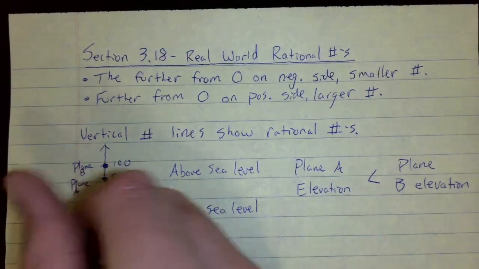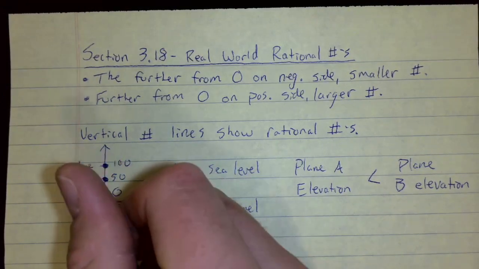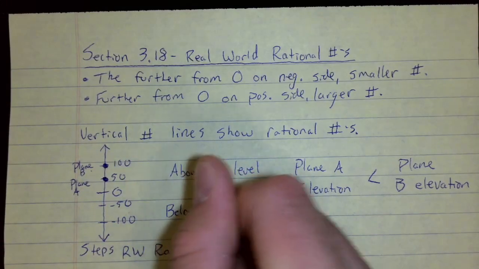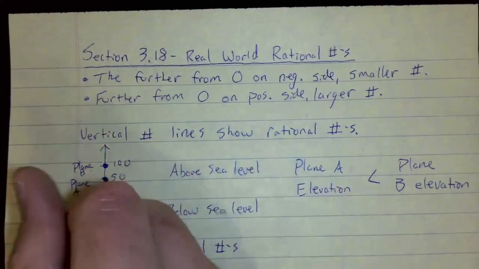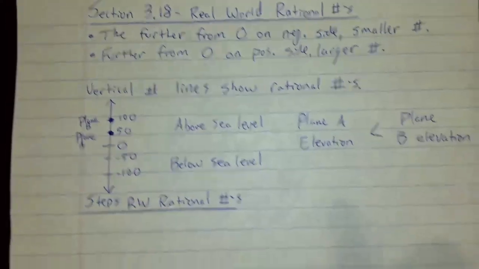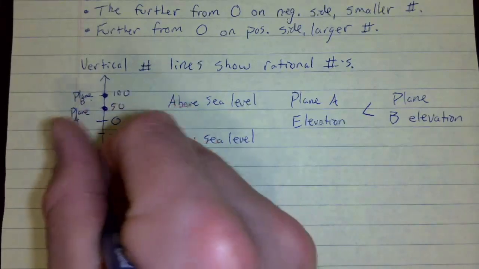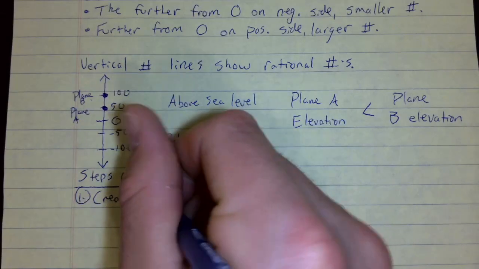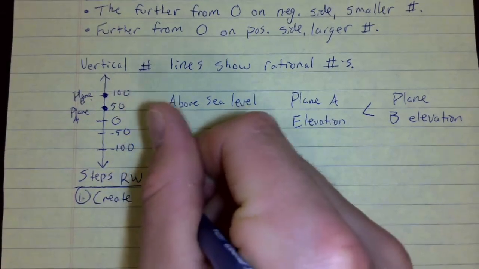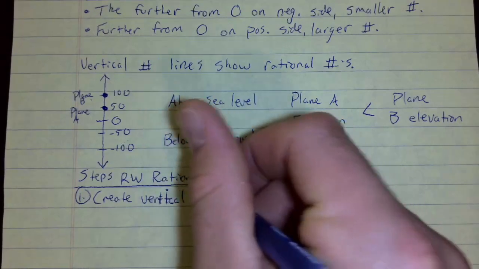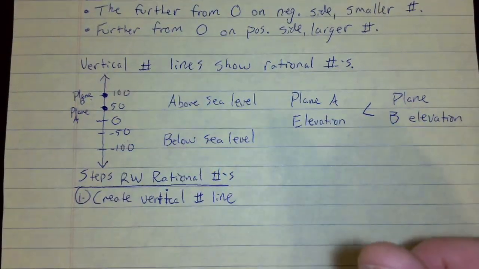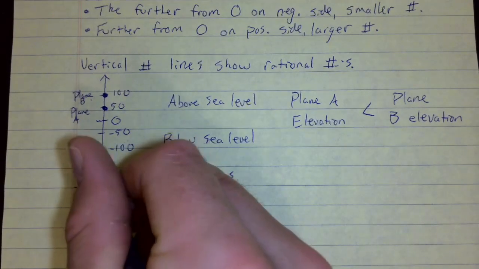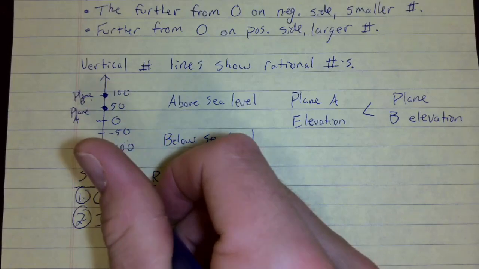There are 3 simple steps to find real world rational numbers. Step 1 is create your vertical number line. Step 2 is insert line increments.